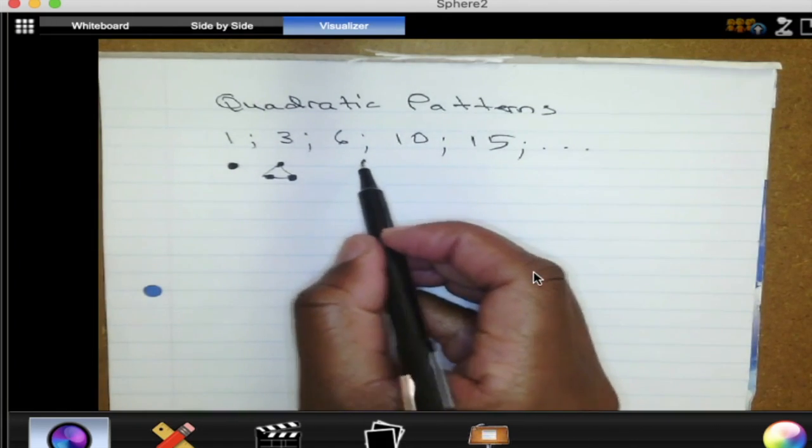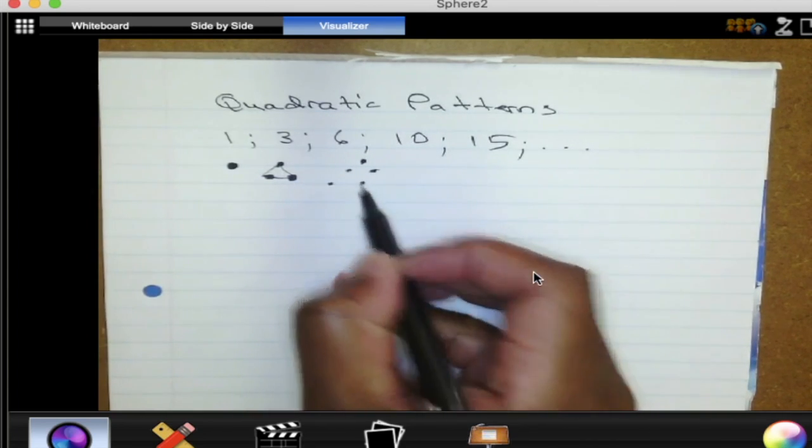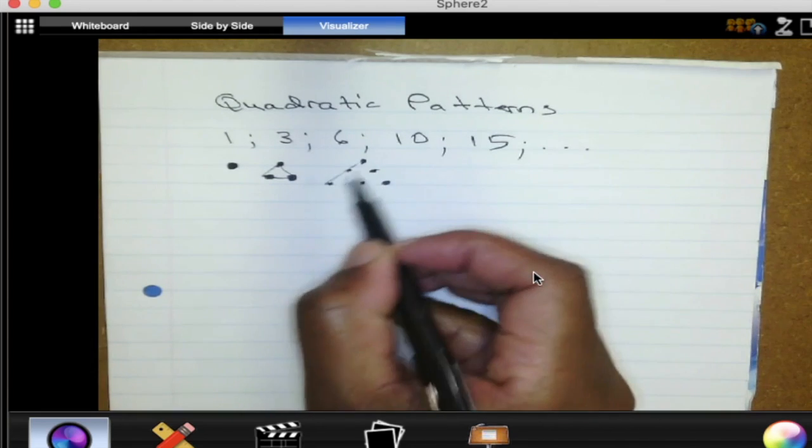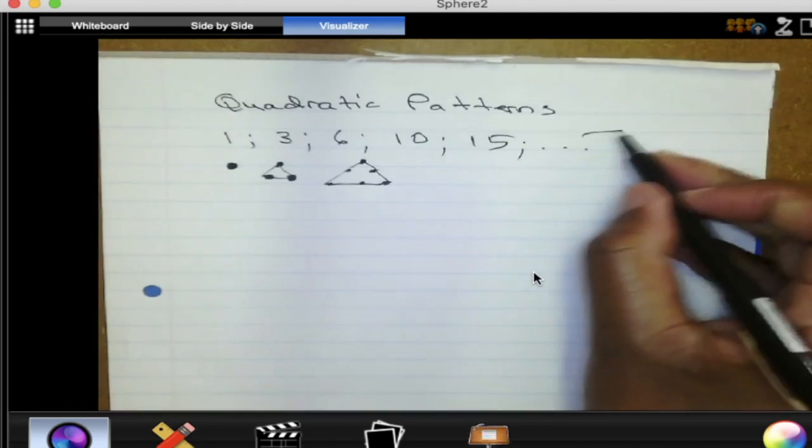So for that one, I've got 1, then I've got 2 here, then I've got 3 here. If I join this like that, I kind of get a triangle. And that is actually what we get even for 10, 15, and so on. So yeah, these are called triangular numbers.